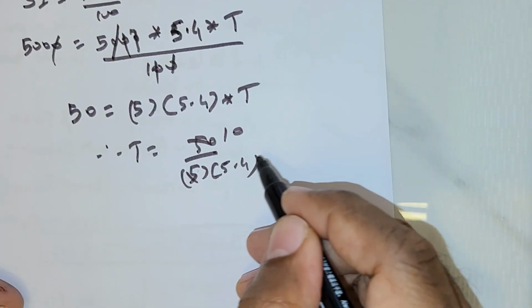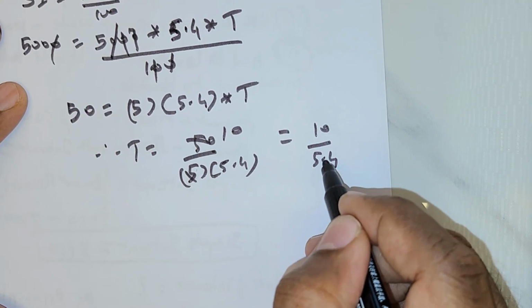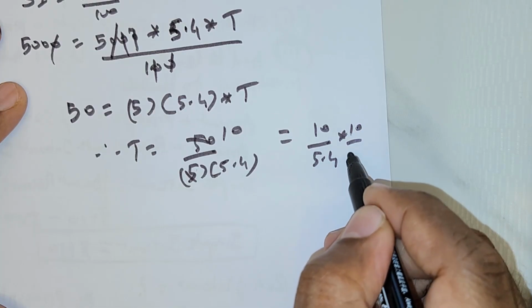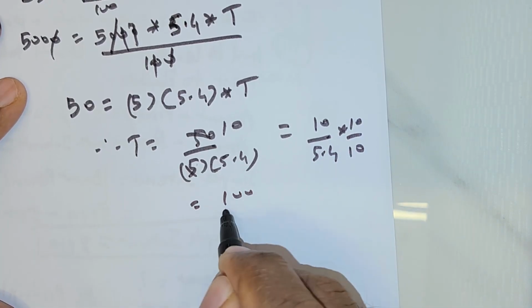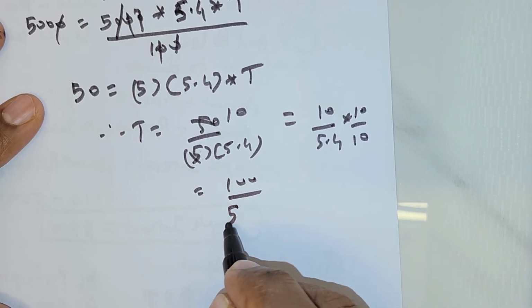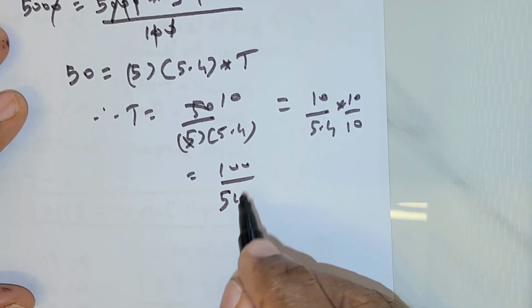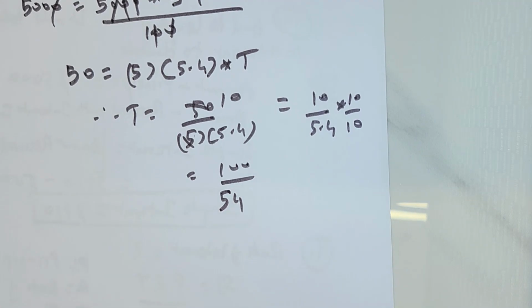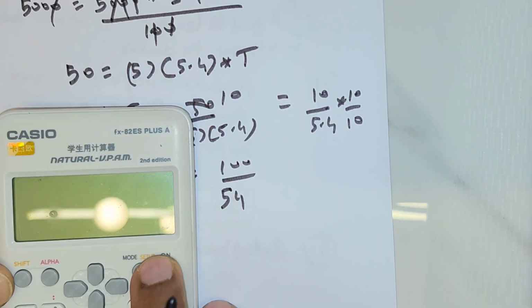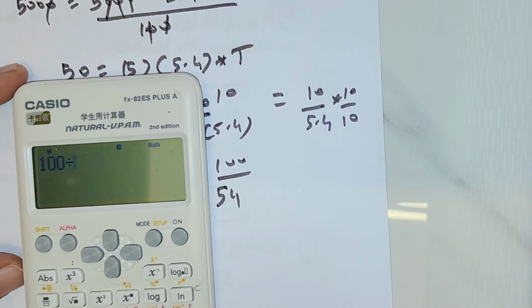5 divides 10 times. So you have 10 over 5.4. I want to take this decimal point off, so I multiply by 10 and divide by 10. You have 100 divided by 54, right? So we will have to divide that and find the value.